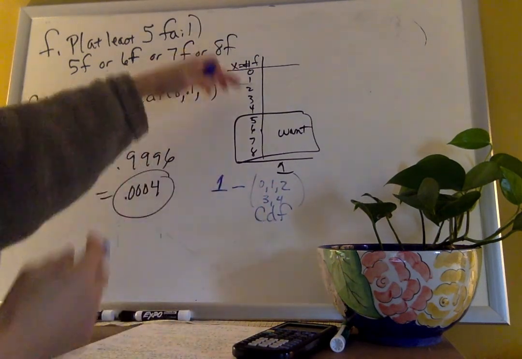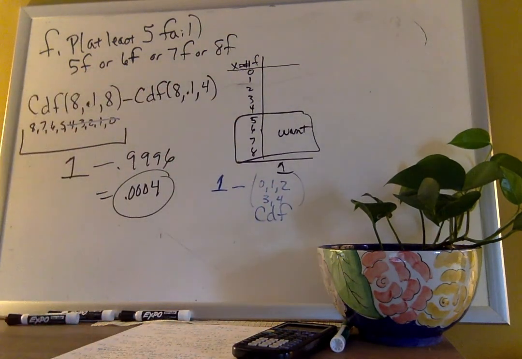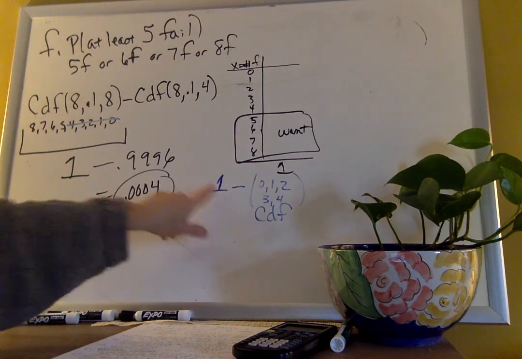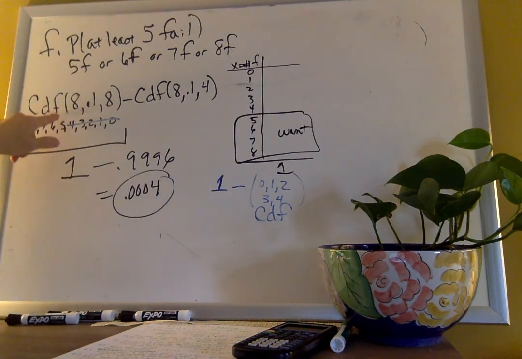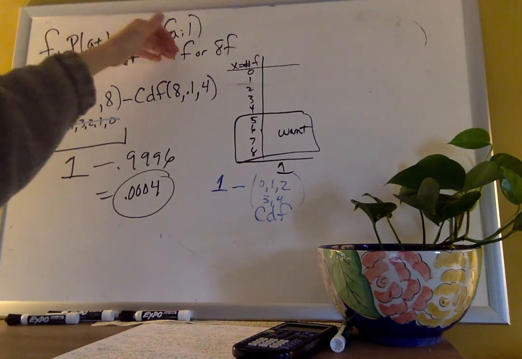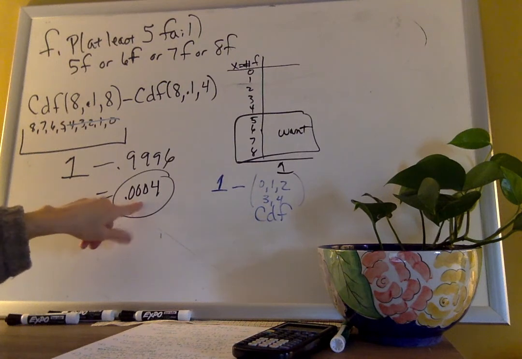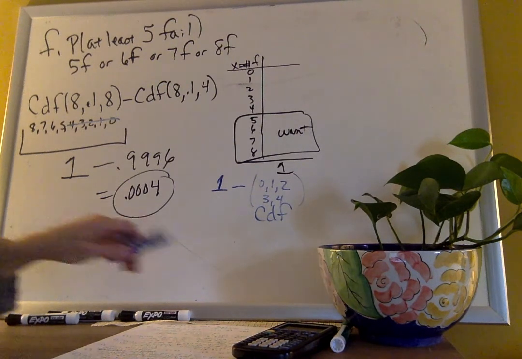So that's another way to visualize why this formula is working. And that one is of course when you run the CDF at the total. So lots of ways to think about this one, lots of ways to do it. I mean, you could have just gone from the beginning and done the individuals and added up. No matter what you do, you should be getting 0.0004.